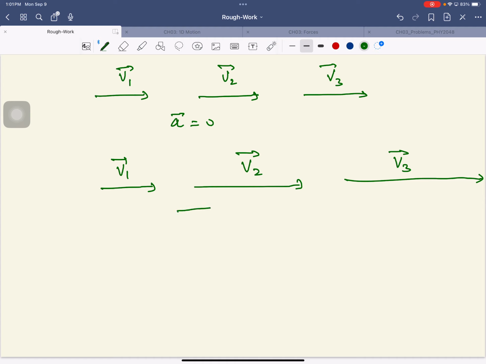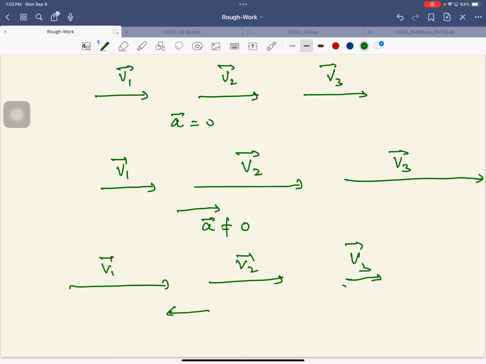And when the magnitude is increasing, the acceleration is pointing in the same direction. This is you speeding up in your car. Now your acceleration is in the opposite direction. So if this velocity was positive, this acceleration is negative.